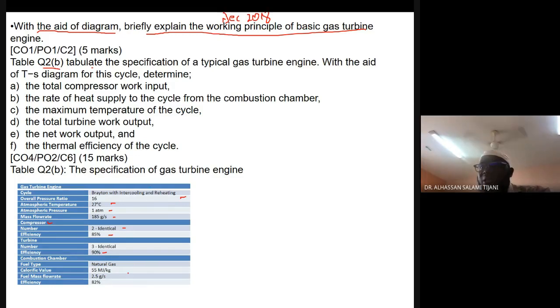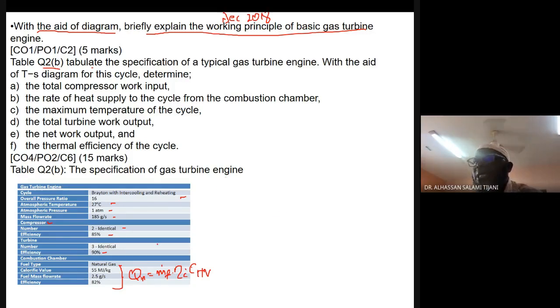So this particular data will be used to calculate Q in, which equals mass flow rate of the fuel times the calorific heating value, times the combustion efficiency. Right? So now let us see the overview of this question.